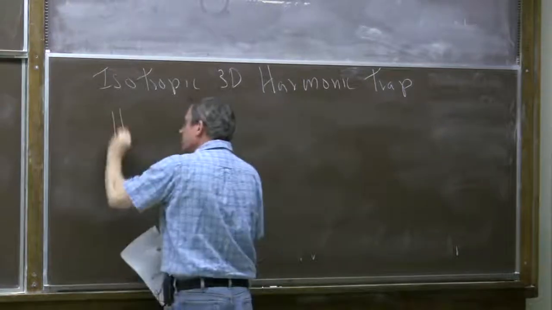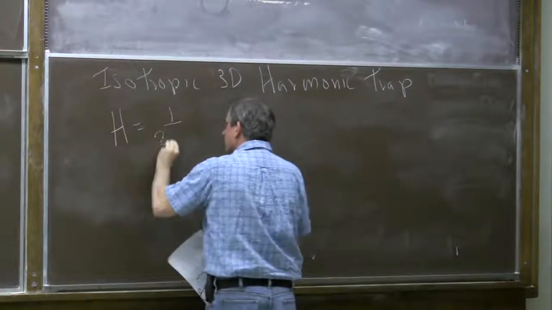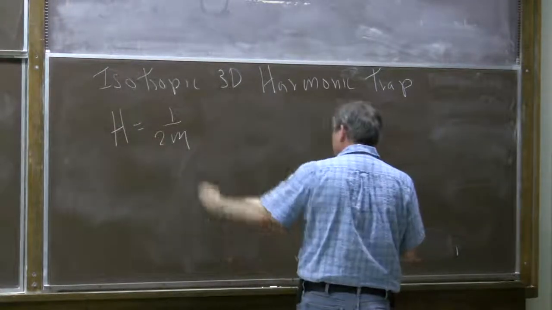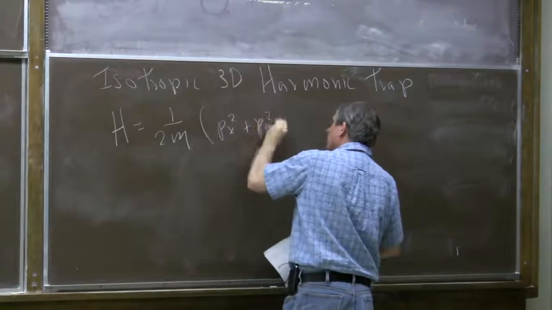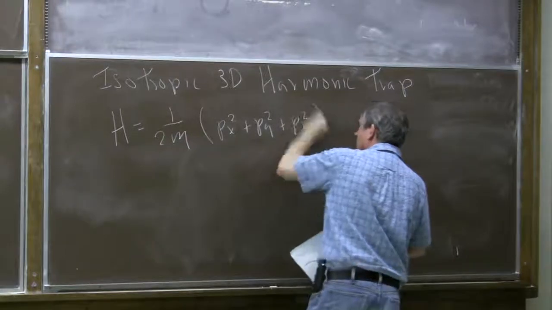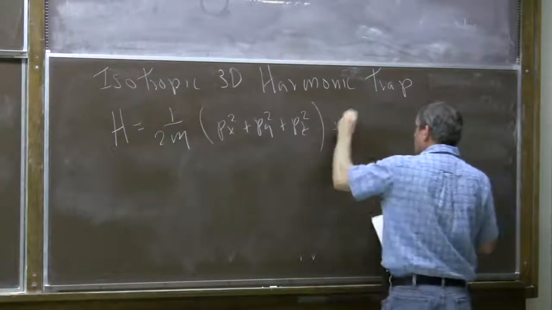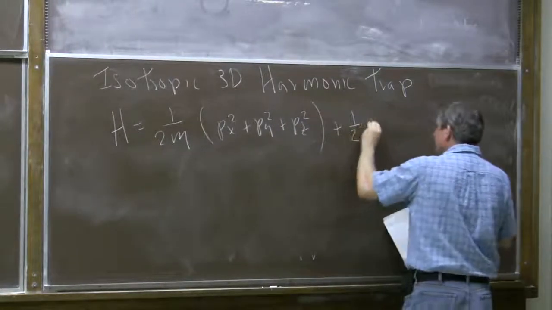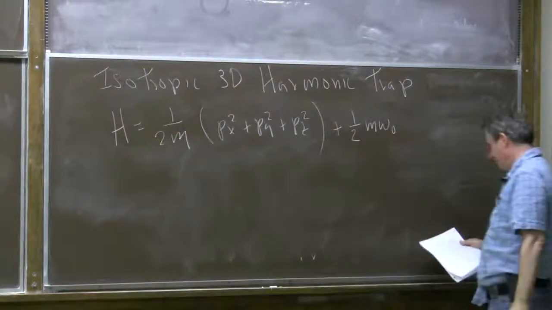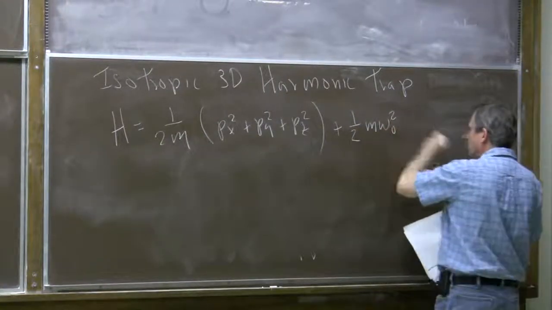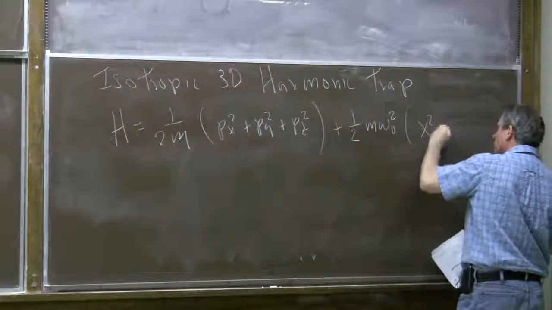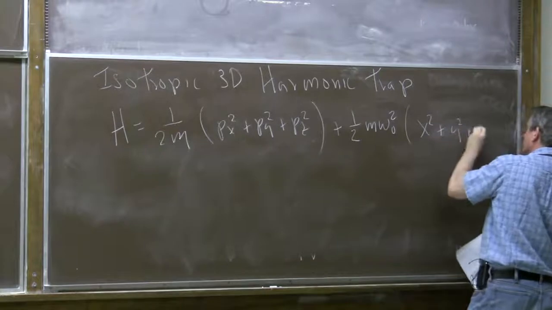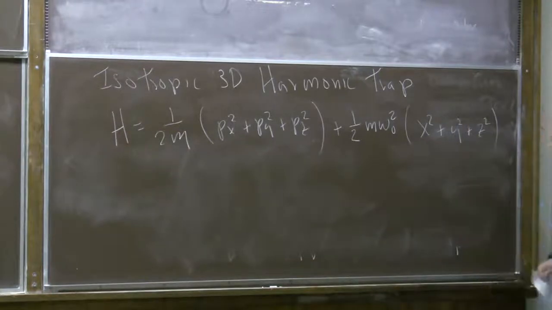So the Hamiltonian is 1 over twice the mass of the atom, p squared, plus a potential energy, which is 1/2 m omega naught squared, where omega naught is the frequency of the oscillations in the trap, x squared plus y squared plus z squared. In other words, distance squared from the center.